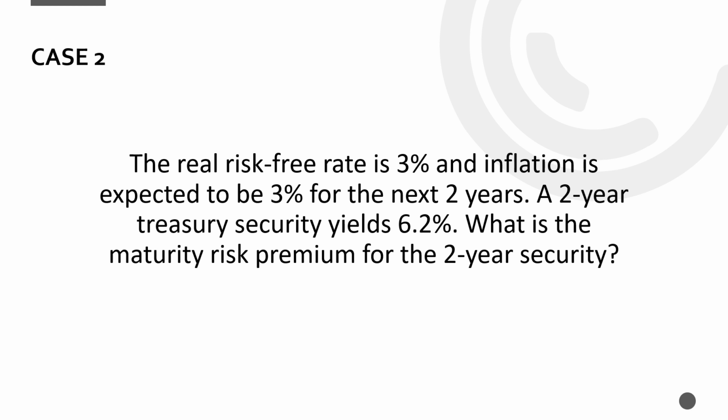Case 2. The real risk-free rate is 3% and inflation is expected to be 3% for the next 2 years. A 2-year Treasury security yields 6.2%. What is the maturity risk premium for the 2-year security?